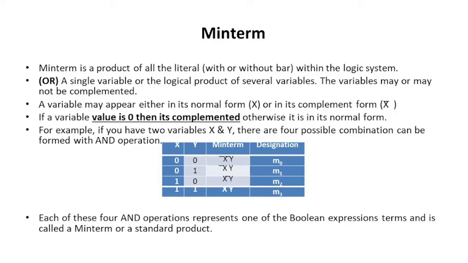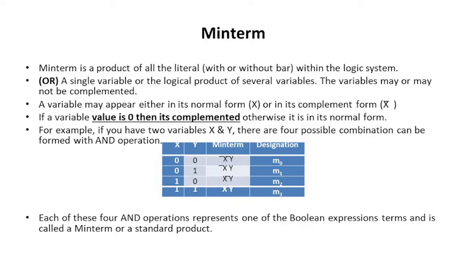For example, if we have two variables x and y, there are four possible combinations that can be formed with the AND operation. That is x bar y bar, x bar y, x y bar, x y. These are the four combinations of the minterms. Those are designated as the small m, that is m0, m1, m2, m3.